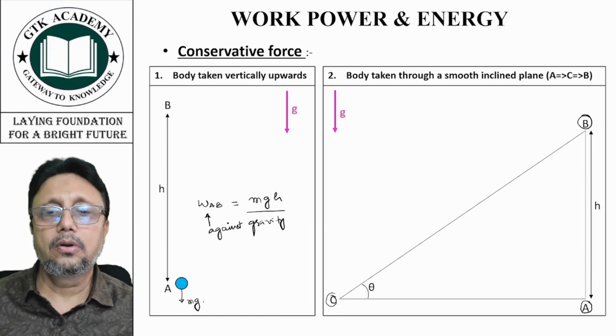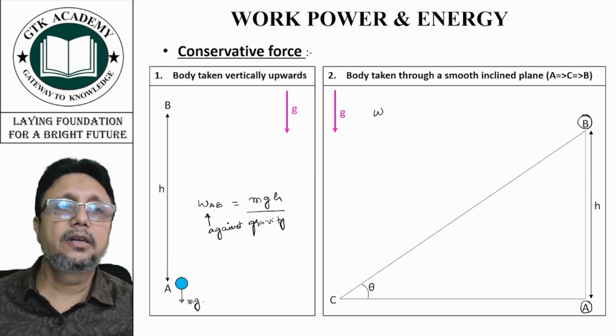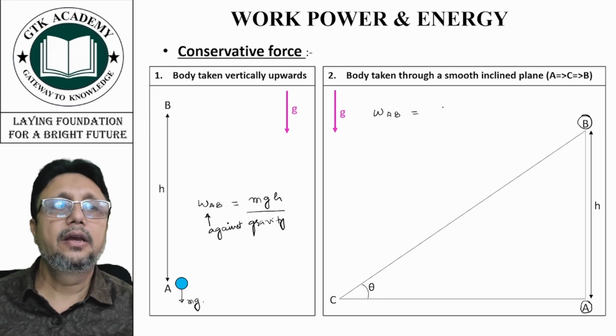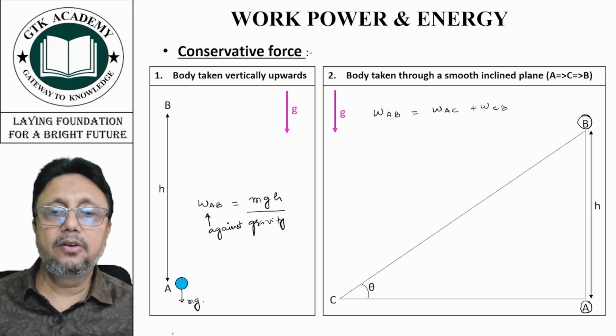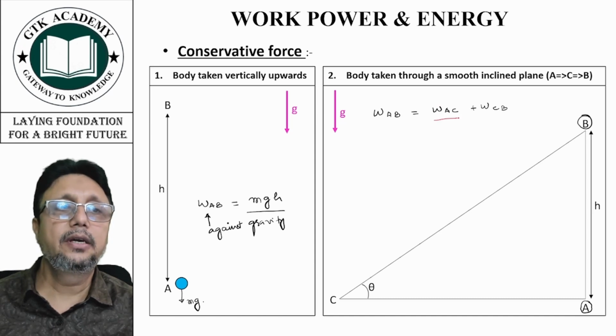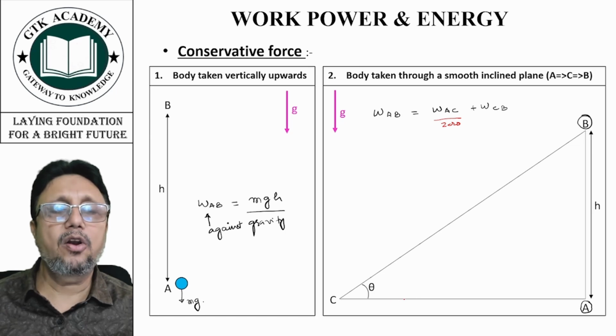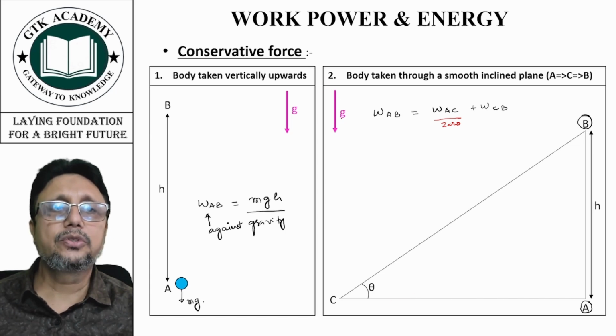Now the work done from A to B will be work done from A to C plus work done from C to B. Work done from A to C will be 0 because we are not moving in the direction of force, that is mg.